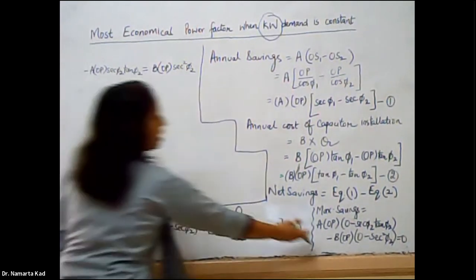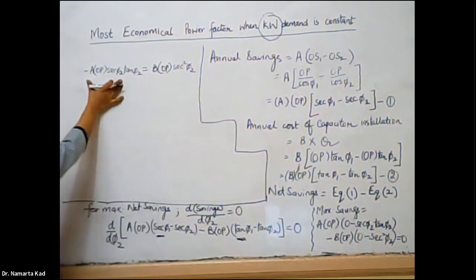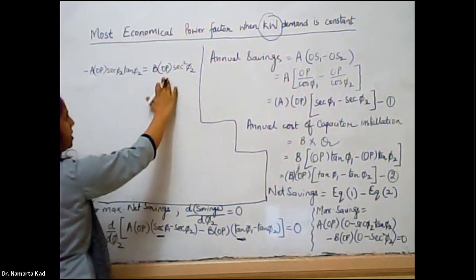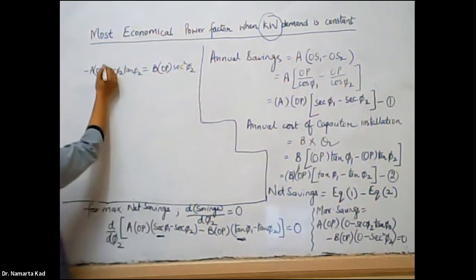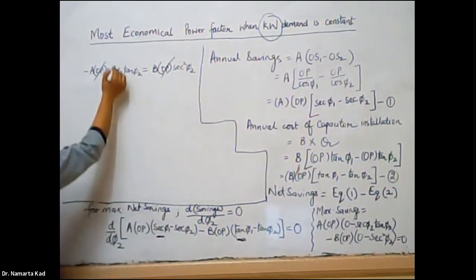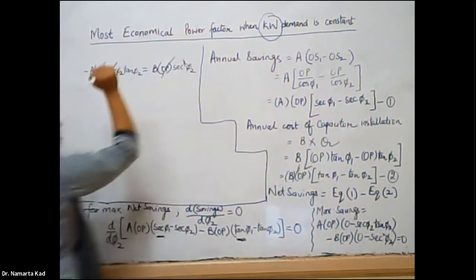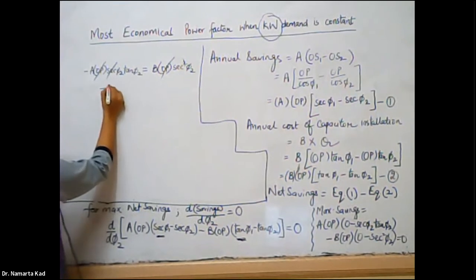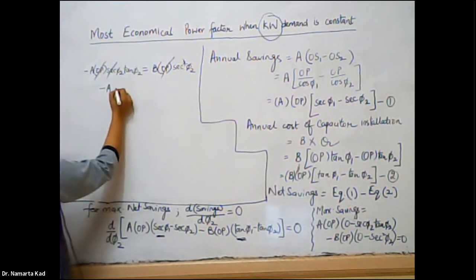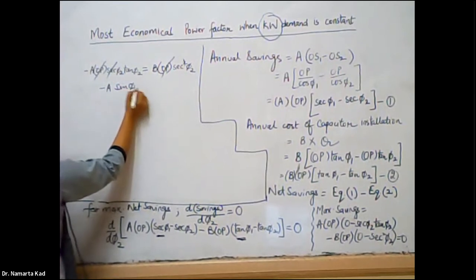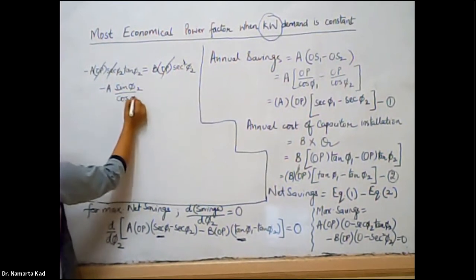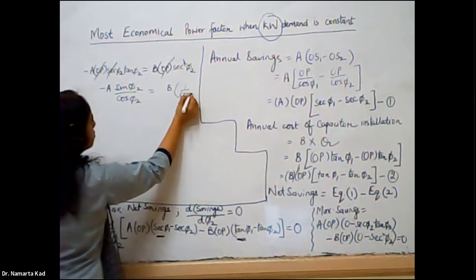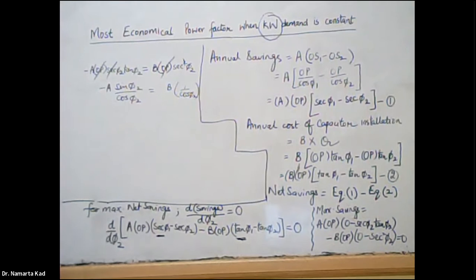So this can now be written like this: minus A into OP secant phi 2 tan phi 2 is equal to, taken on the other side, B into OP secant square phi 2, and OP cancels out. One secant phi 2 also cancels out. So we are left with minus A into tan of phi 2, that is sine of phi 2 divided by cos of phi 2, equals B into 1 upon cos of phi 2.